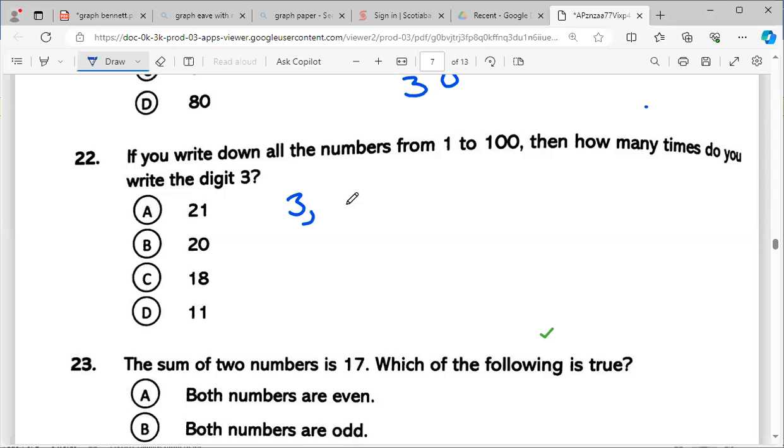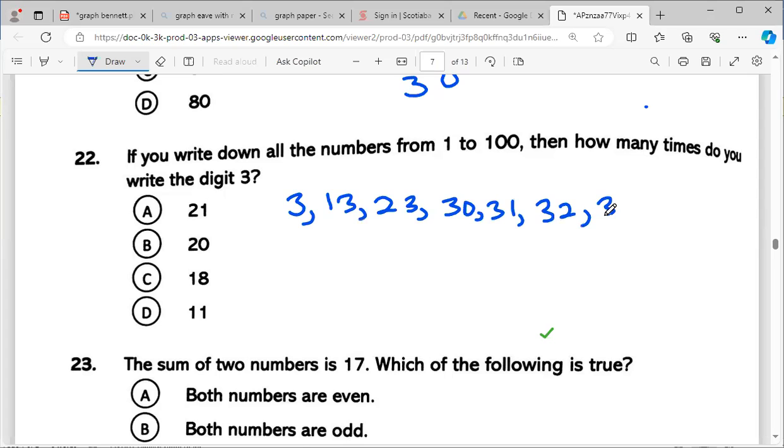So then we'd have 13 and so on, right? 23. But it gets a lot when you come to 30. So it will be 30, 31, 32, 33.